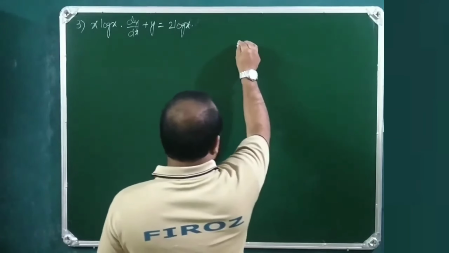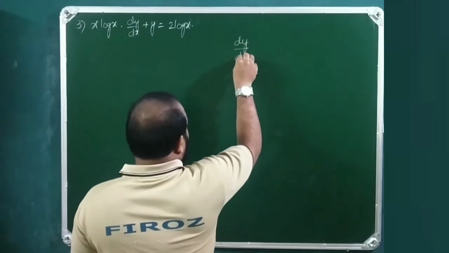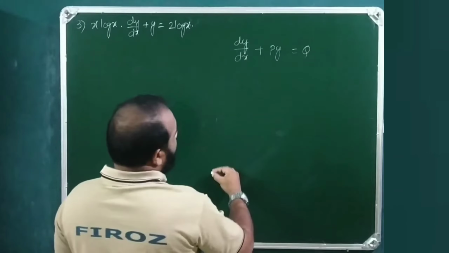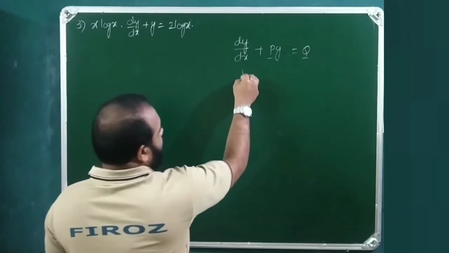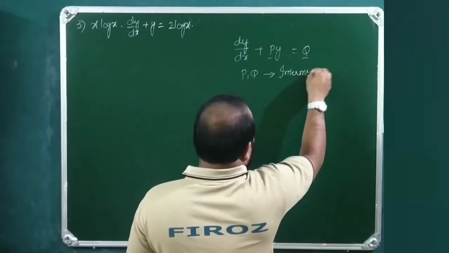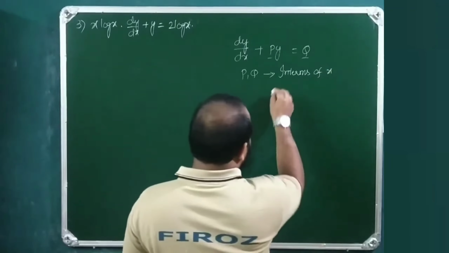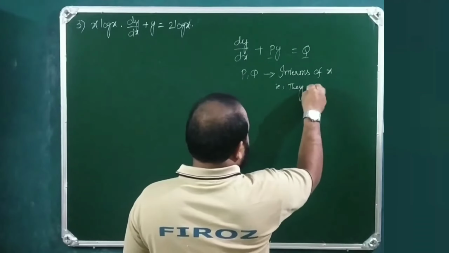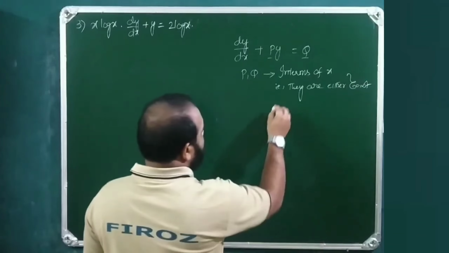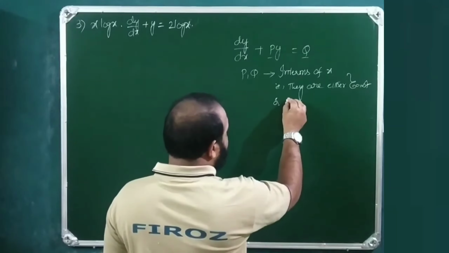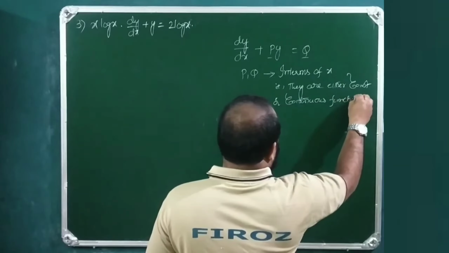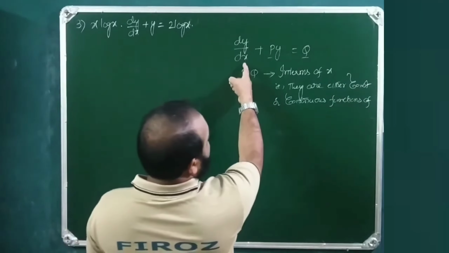I'm telling you, the linear differential equation can be one of these two forms: dy by dx plus py equals q, where p comma q are in terms of x, that is, they are either constants or continuous functions of the independent variable x.